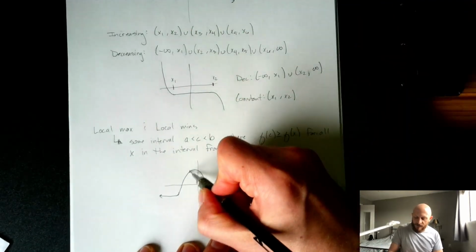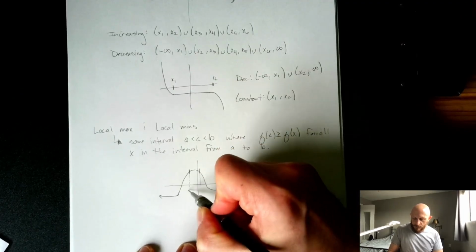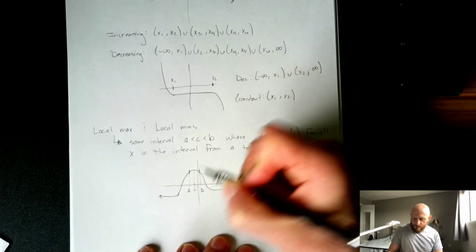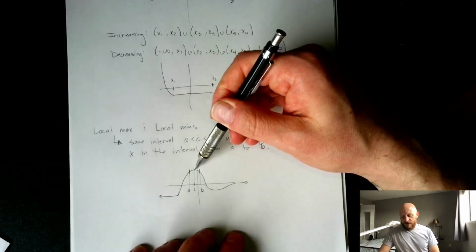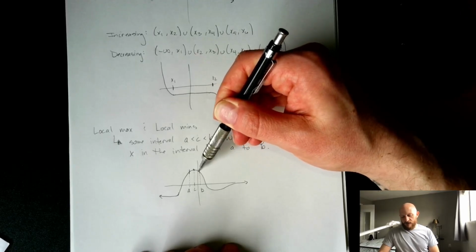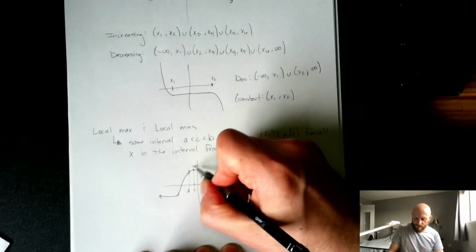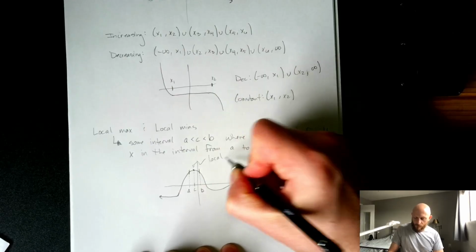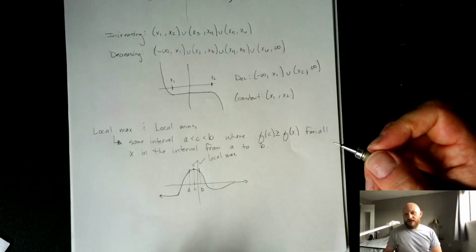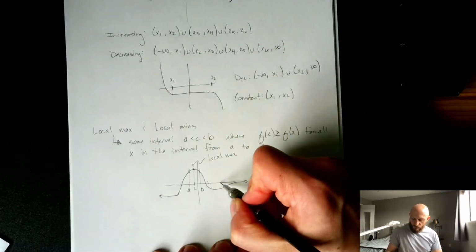Why? Because we can find this little interval right here. Here's our a, here's our b, and we'll say right here is that c. f(c) is up here, and f(c) is greater than every other value on this interval from a to b. So this is a local max. Local minimums, the exact same idea. It's just the minimums. Again, it has to occur on an interval.